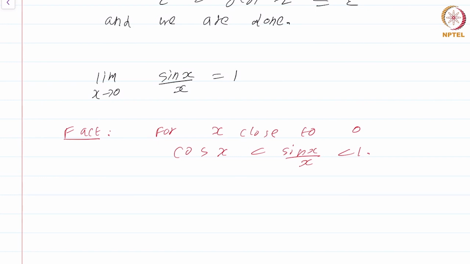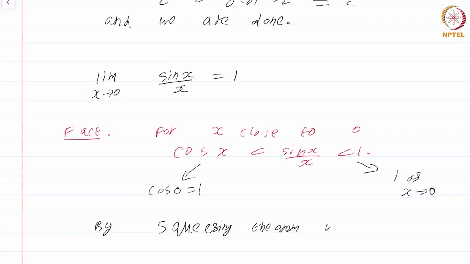Now because of this, notice that the right hand side is a constant function. This converges to 1 as x goes to 0, and cos x is a continuous function. That's another fact that you know, and cos 0 is 1. Therefore by the squeeze theorem we are done. Okay, so this is a short proof. Of course, all the heavy lifting has been shoved under the carpet and left for a later time, but once we do that, this is fairly straightforward.